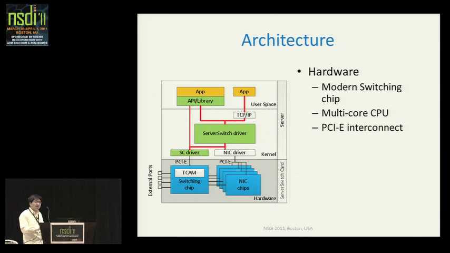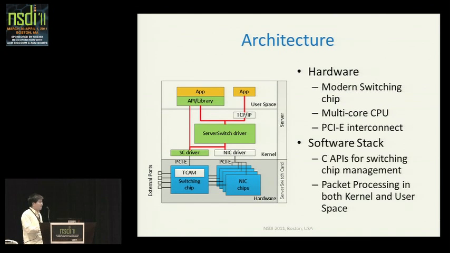Control plane messages and in-network processing packets will go to the server for processing. To make our platform very easy to use, we developed software stacks in both kernel and user space. We developed APIs for switching chip management. For packet processing, if the processing overhead is a concern, we can process the packets within the server switch driver in the kernel.